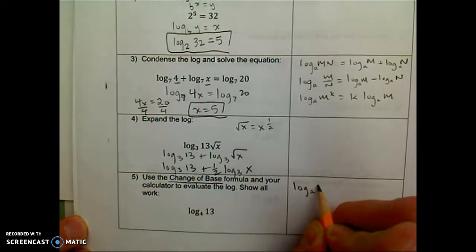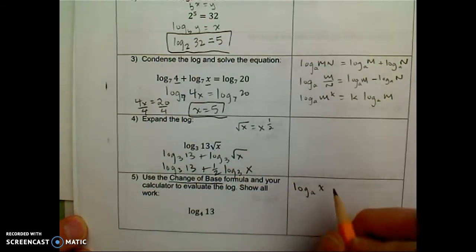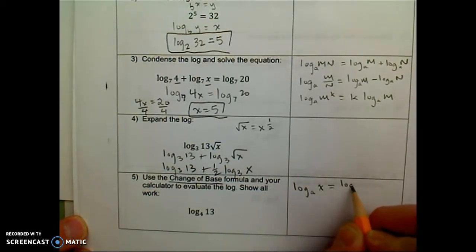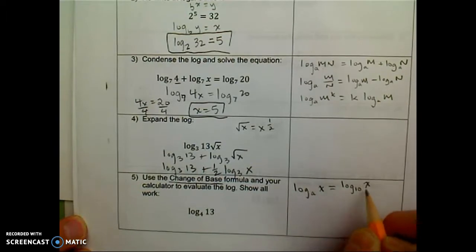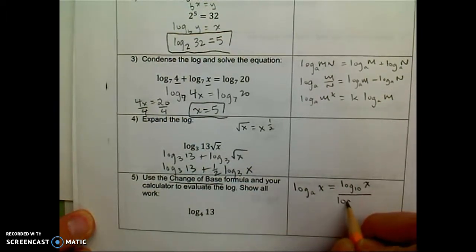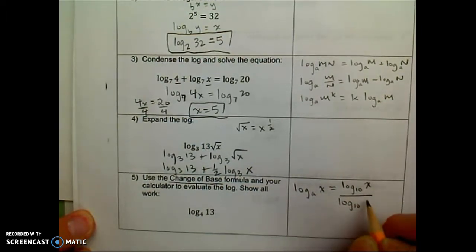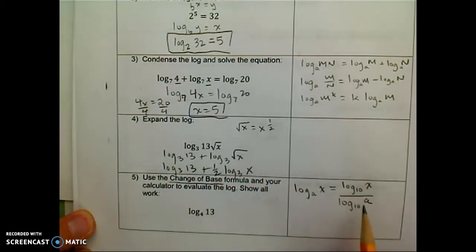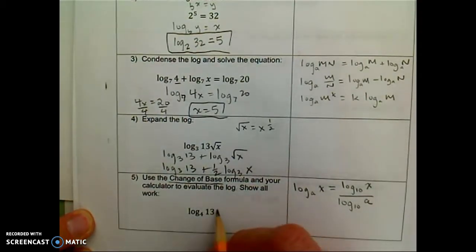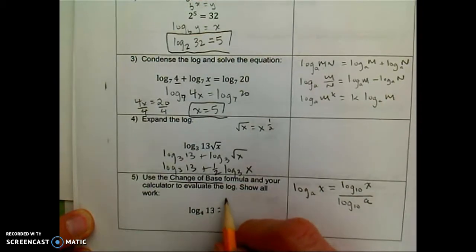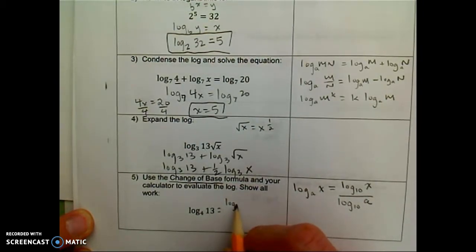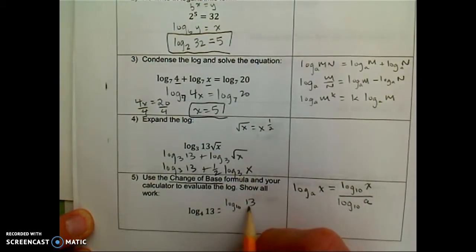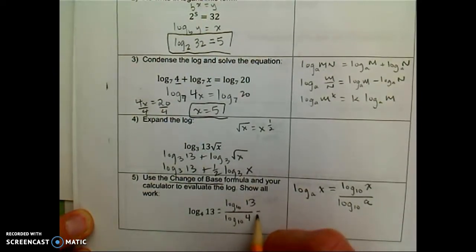Log base a of x is equal to log base 10 of x, the argument, over the log base 10 of my original base. Log base 10 of x over log base 10 of a. So the log base 4 of 13 could be written as the log base 10 of 13 divided by the log base 10 of 4.